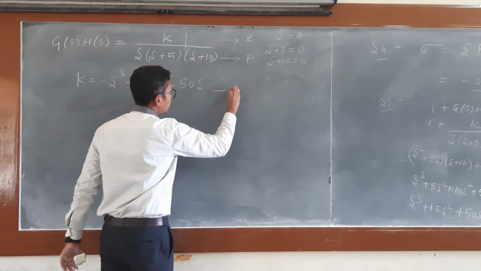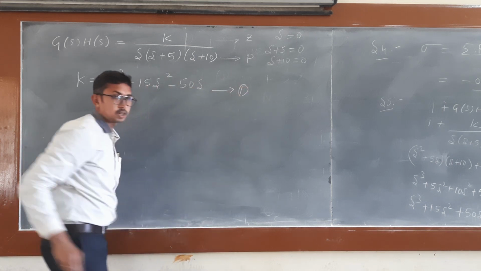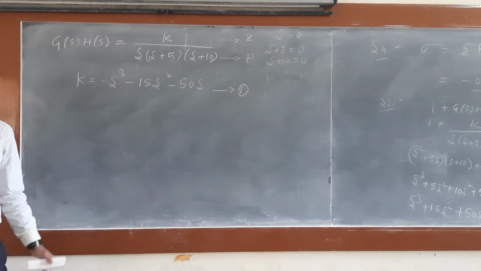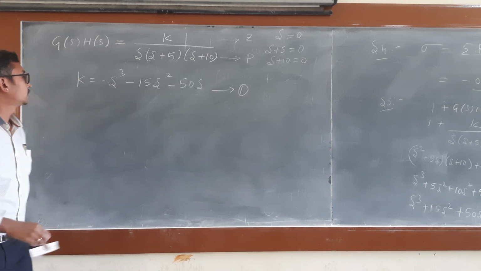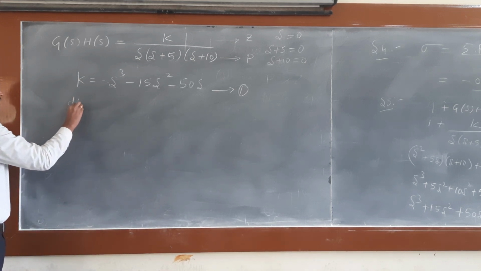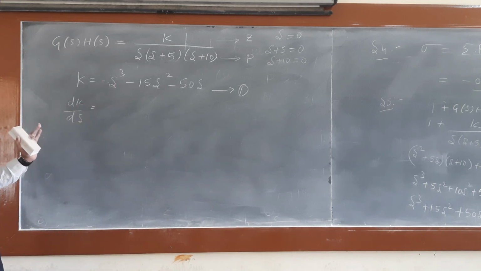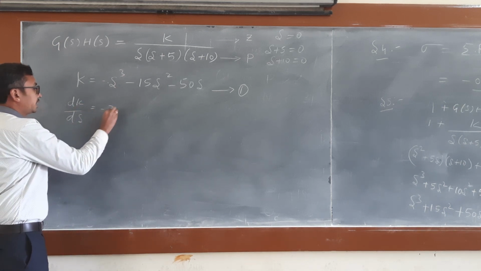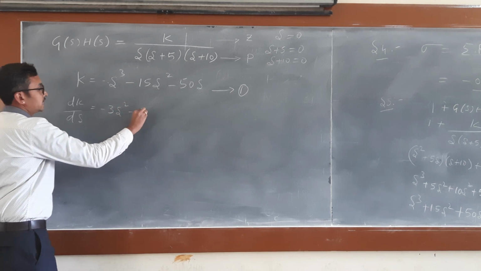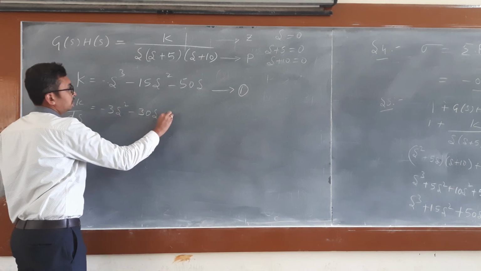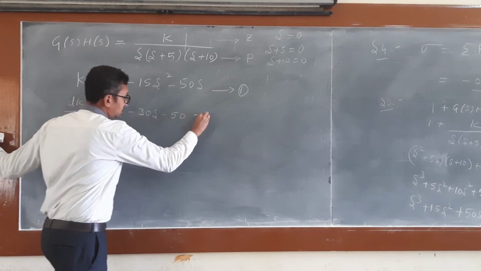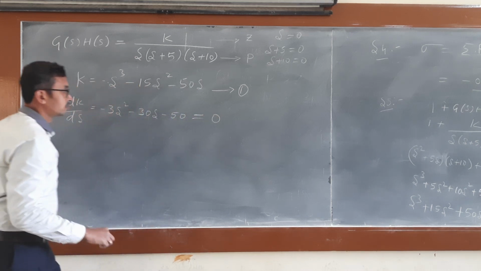So this one I am going to consider as equation number 1. Now I am going to differentiate this equation with respect to s. dk by ds is equal to how much? Minus 3s square minus 30s minus 50 is equal to 0.